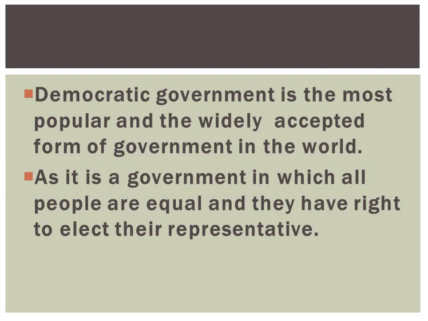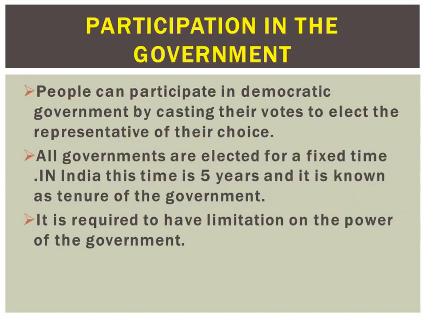Next is the topic participation in the government. As we talked about, in a democratic government, people participate by casting votes in the elections. So here we will talk about people's participation in the elections as well as some other ways in which they participate in the government.